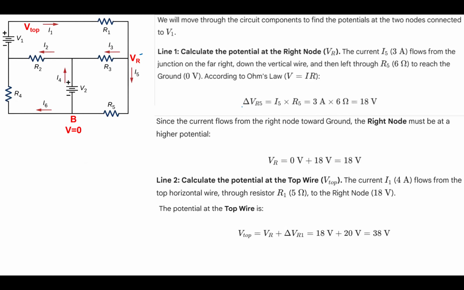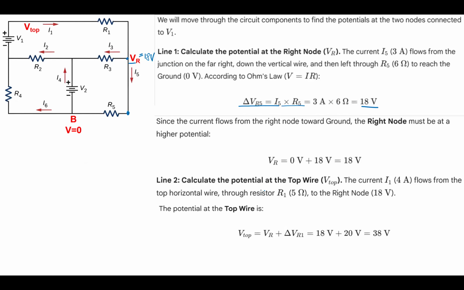And then, according to this, it is given by simply current times resistance, which is 18 volt. So that means VR has 18 volt. Okay, this voltage drop is 18 volt. That means this is higher. This point and this point is the same, so that the VR should be 18 volt.